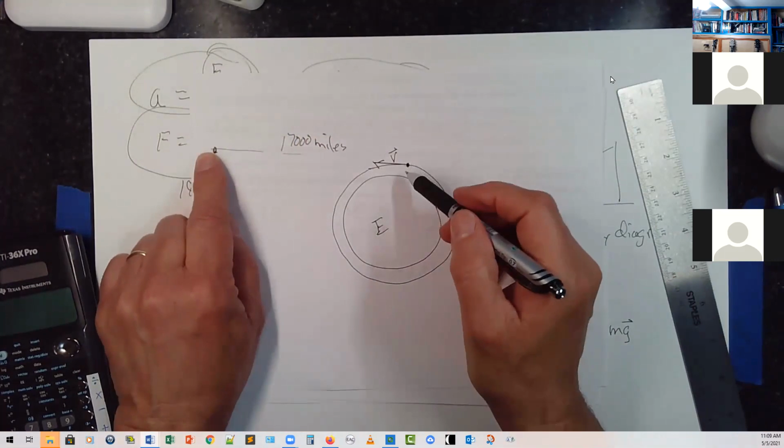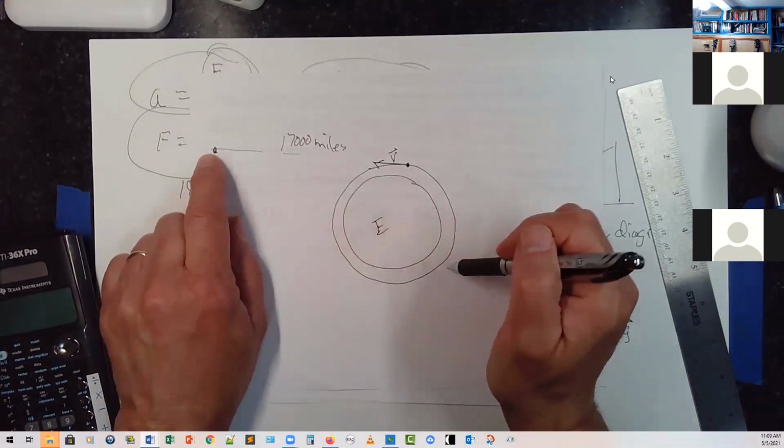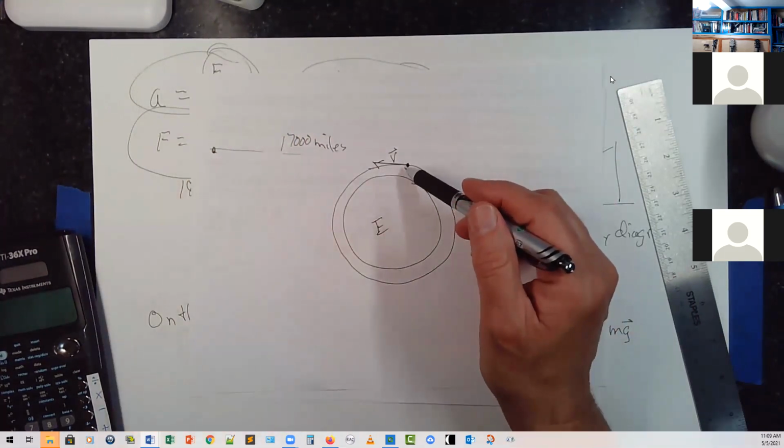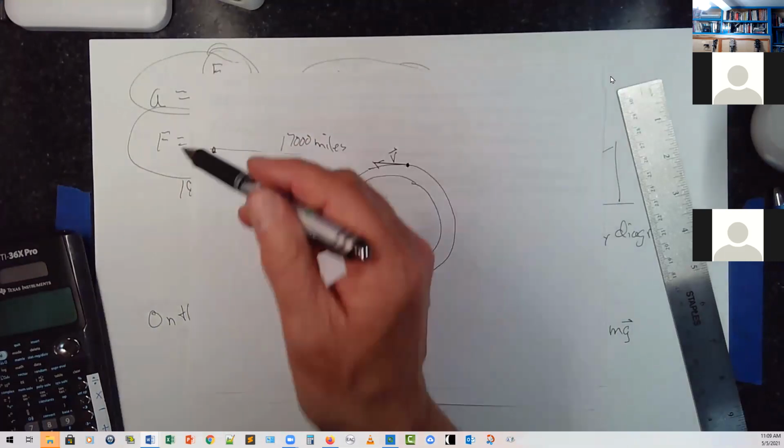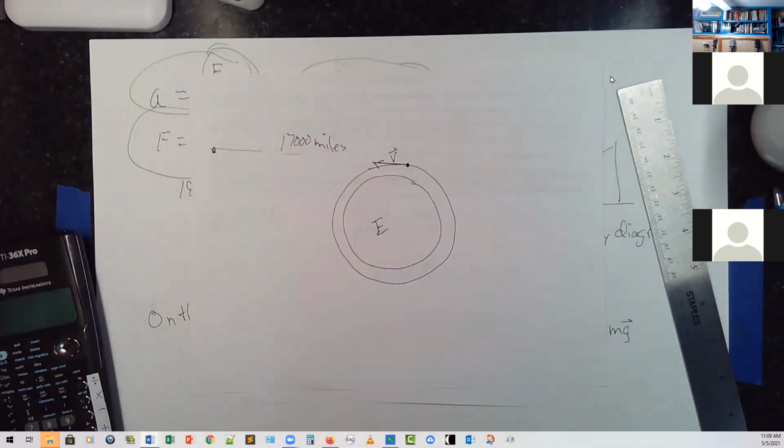But it isn't. It keeps orbiting. So there must be a force acting on it. Otherwise, it would just travel in a straight line. And they don't travel in straight lines. They travel in curved paths.